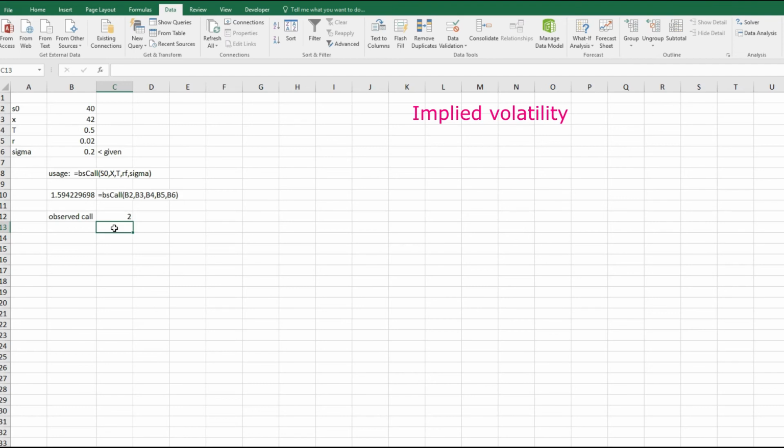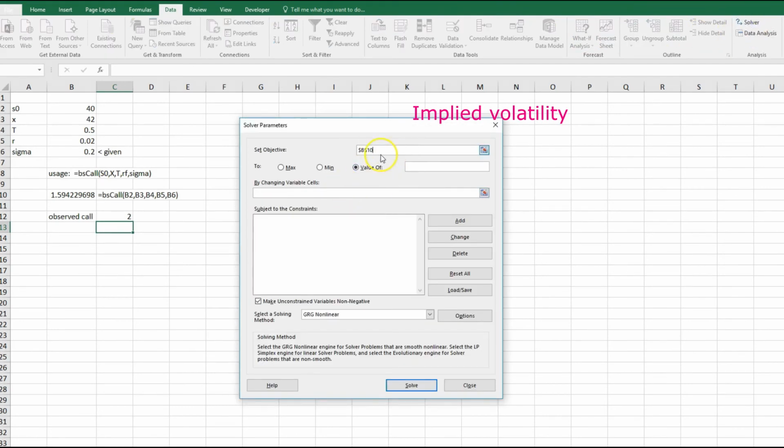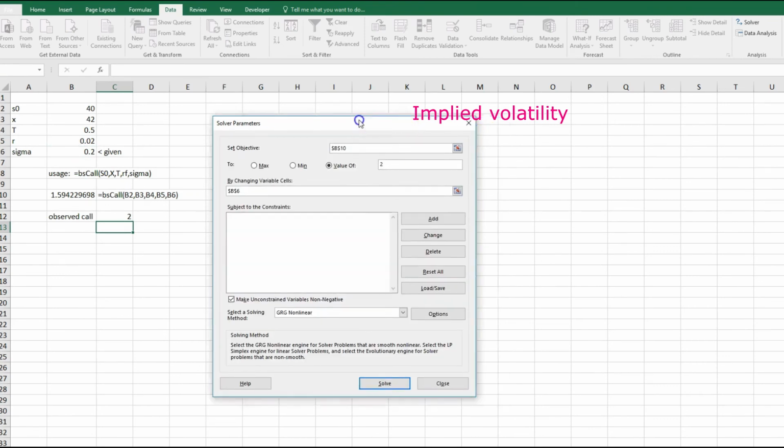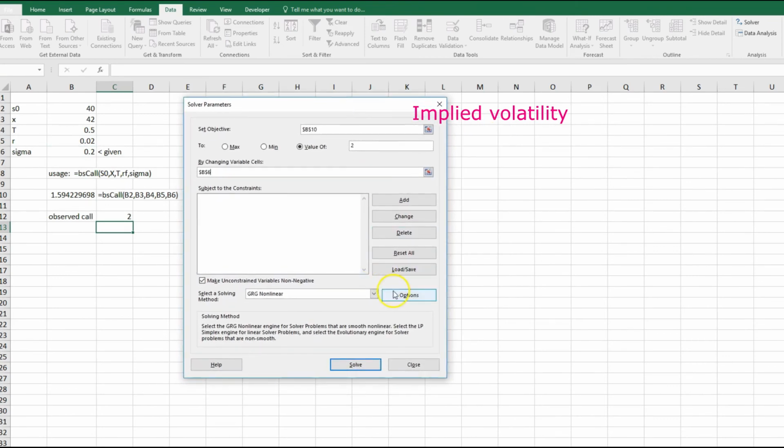For this case, we can use Solver. We click Data, then Solver. I repeat: our objective function is our call premium, the formula.